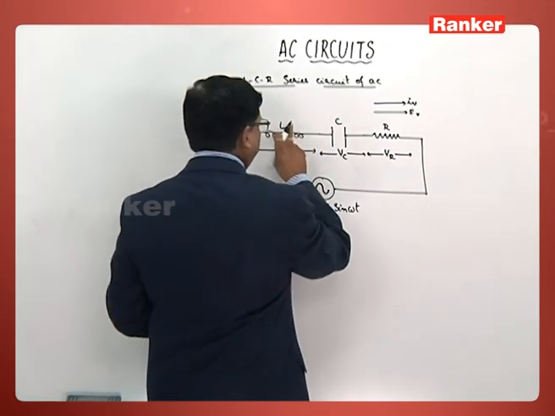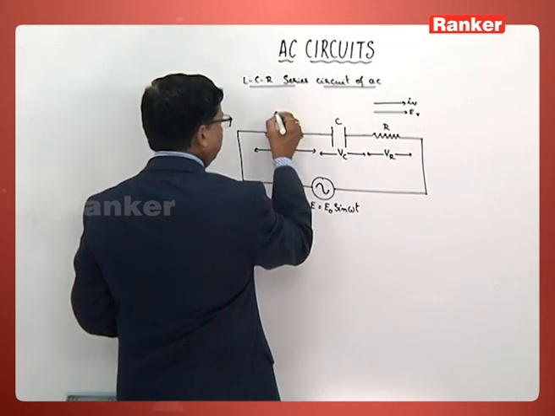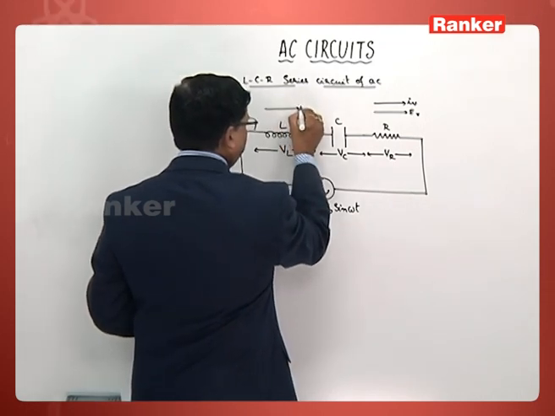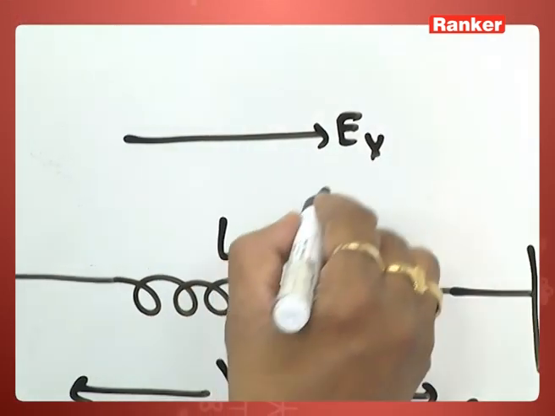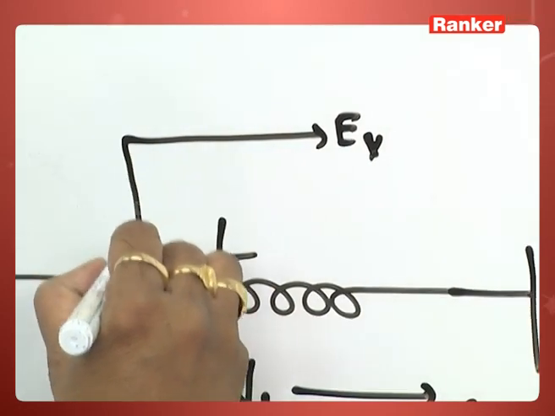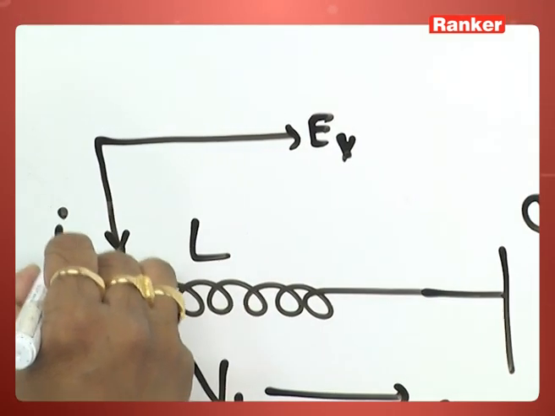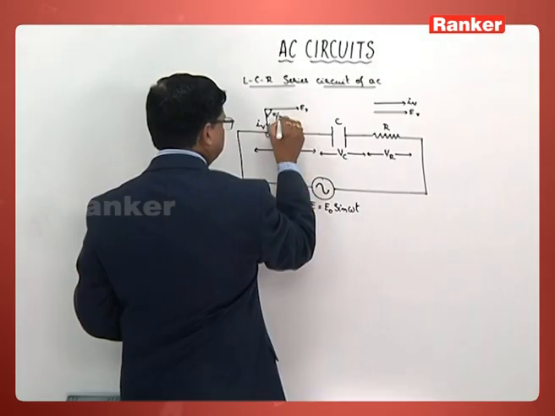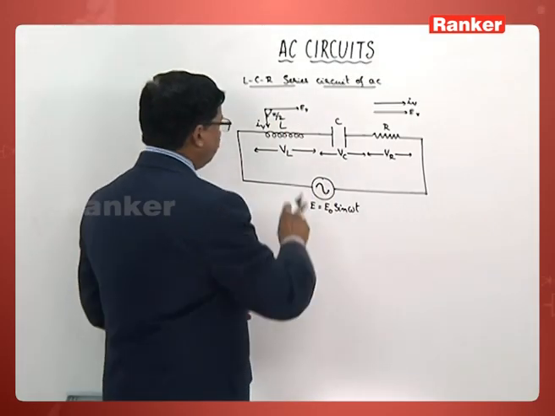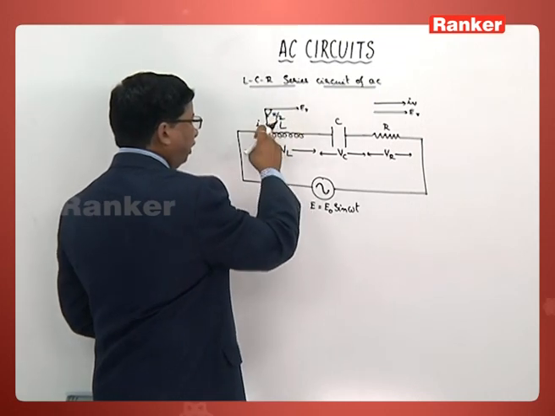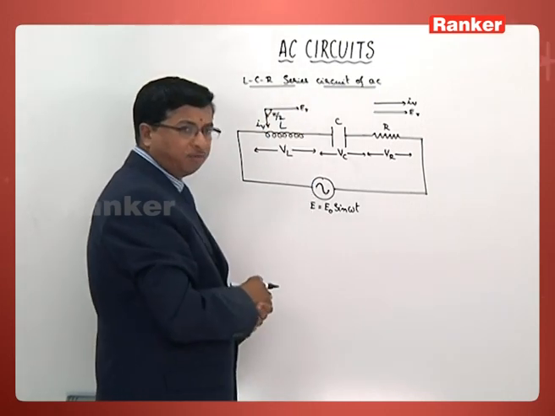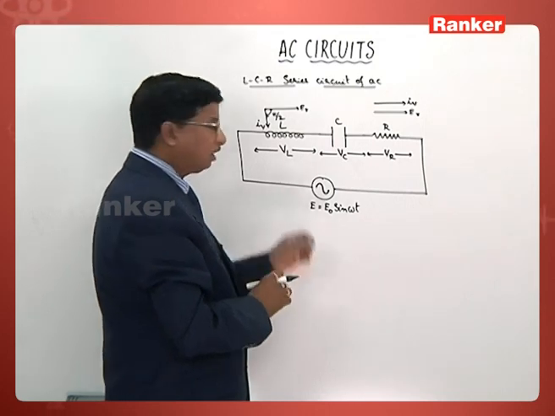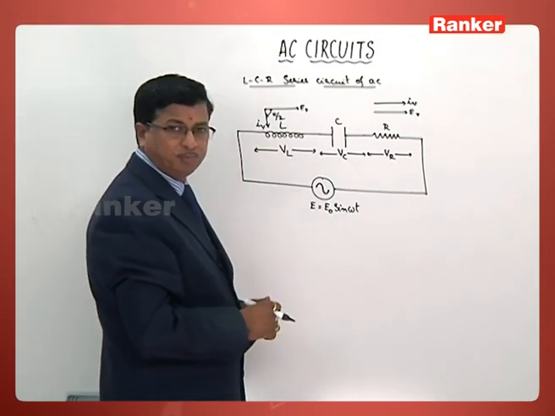Whereas in the case of inductance, if you take this as virtual value of EMF, current lags behind this EMF by pi by 2 radian. So this is EMF and this one is current. Current is lagging behind EMF by pi by 2 radian. That is the case of inductance coil.